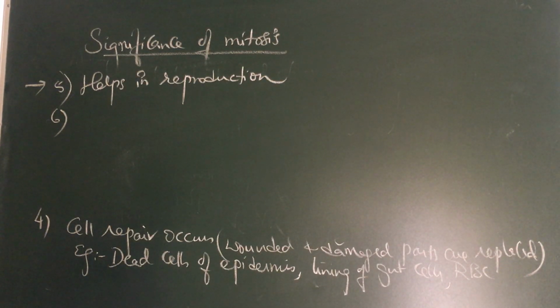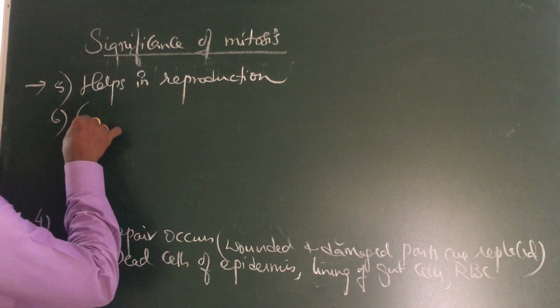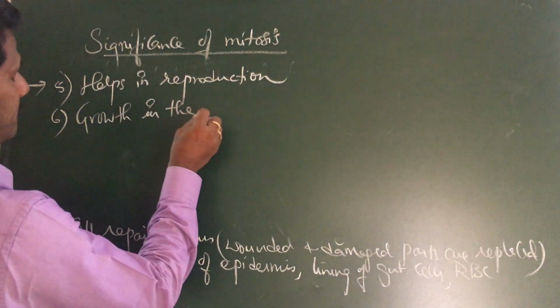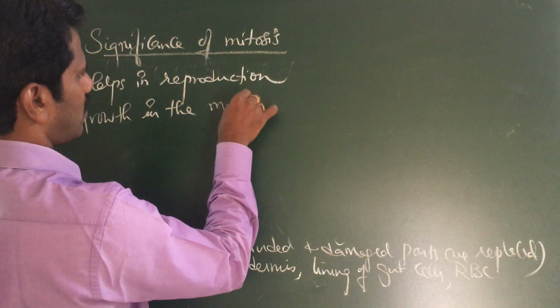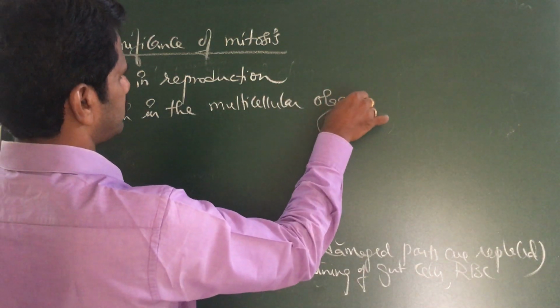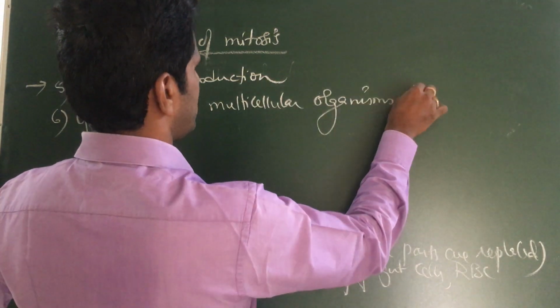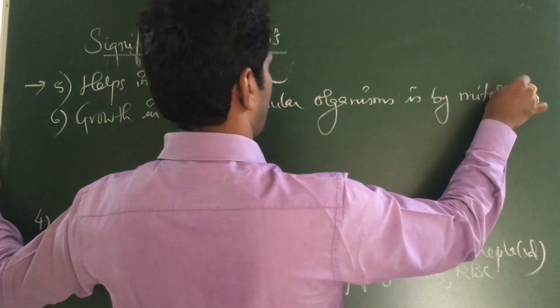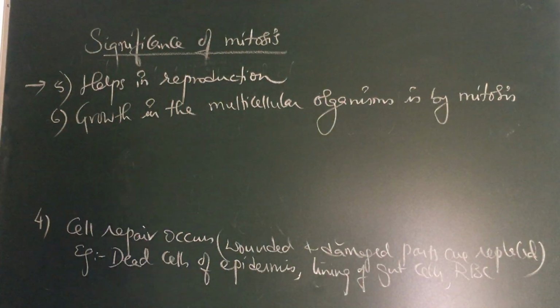Next, growth in multicellular organisms is by mitosis. Growth in multicellular organisms is by mitosis.